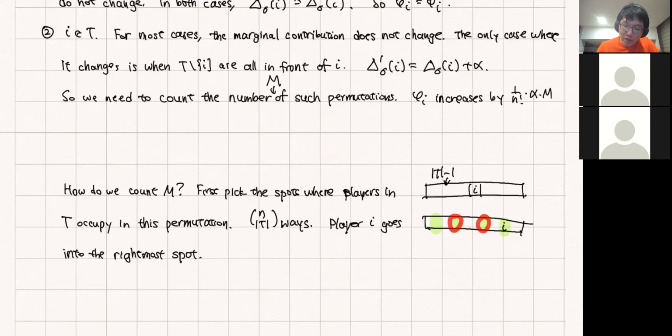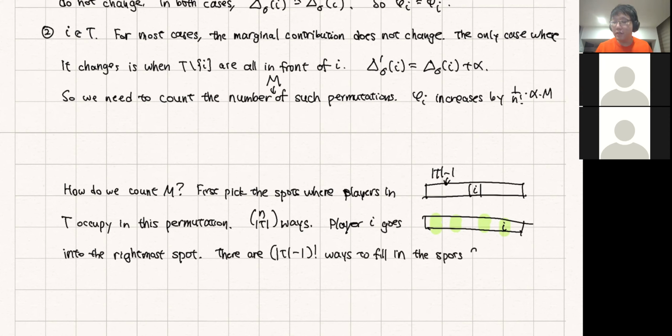For these spots that are reserved for T, there are T minus one of them. So if we want to put the players in T, except for I, into these, there are T minus one factorial ways of doing so.